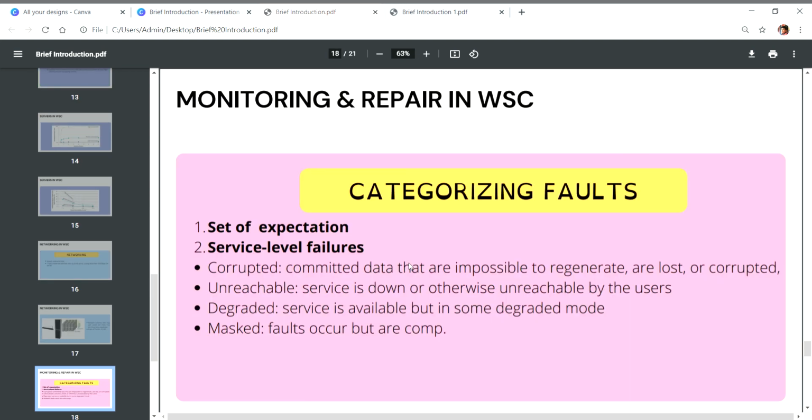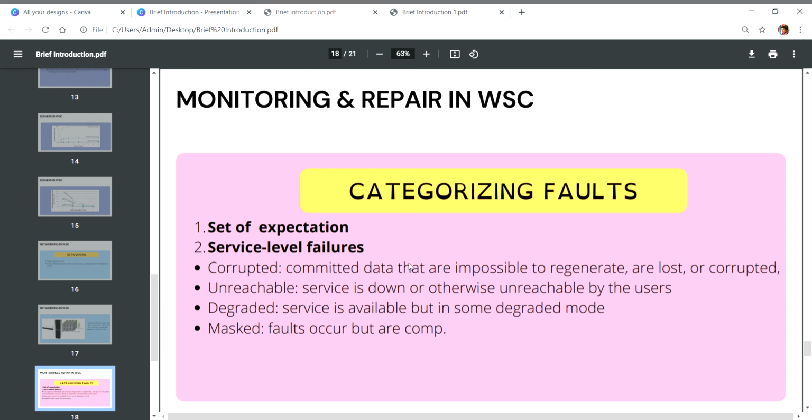Last but not least is the monitoring and repair in WSC. An efficient fault tolerance software layer must be based on a set of expectations, which are the fault sources, statistical characteristics, and the corresponding recovery behavior. Hardware and software faults can affect internet services in varying degrees, resulting in different service level failure modes.